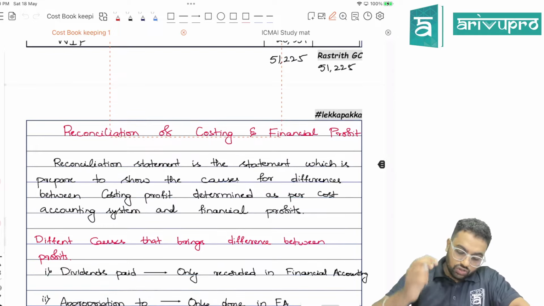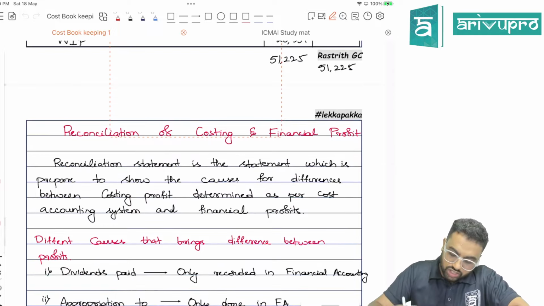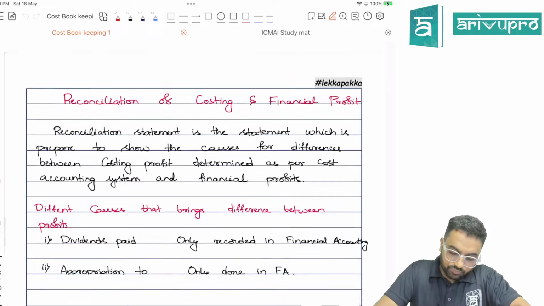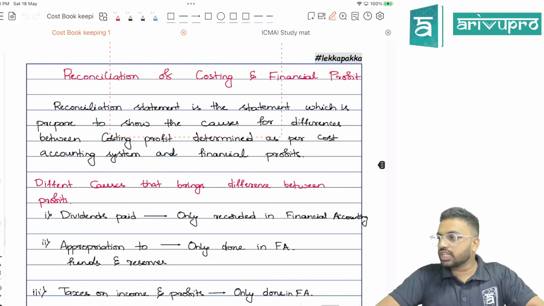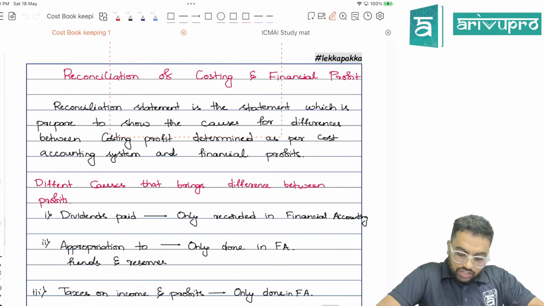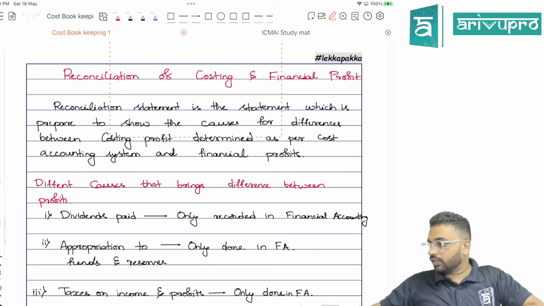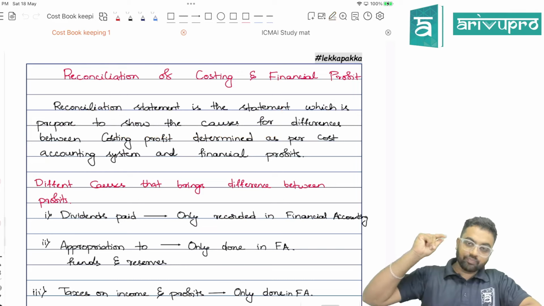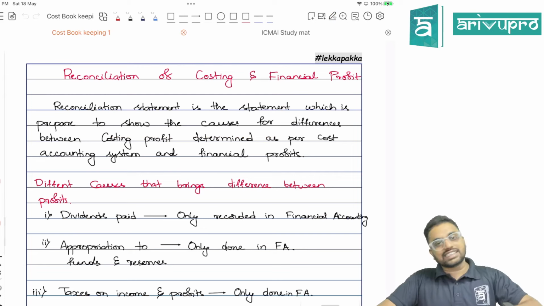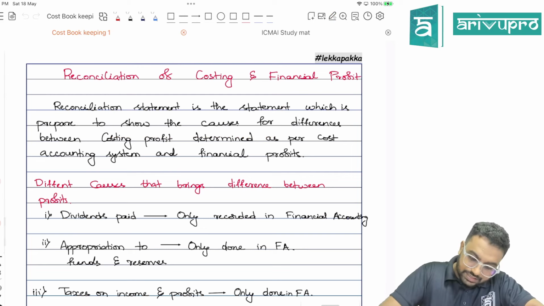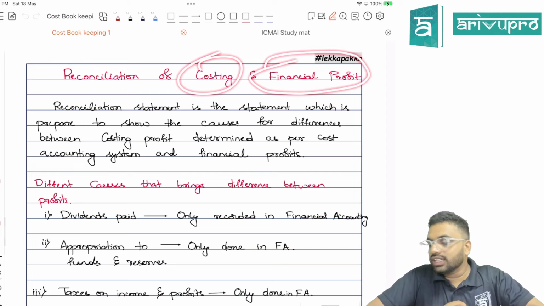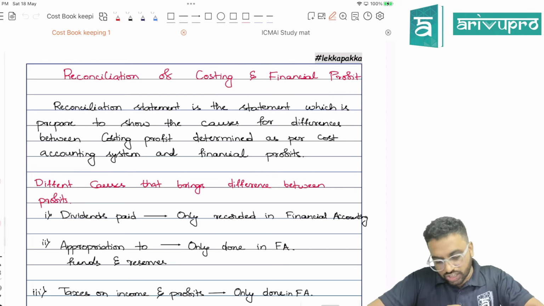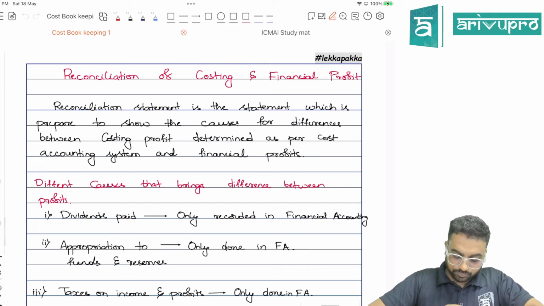So, in reconciliation of costing and financial profit, what are we looking at? The name itself says reconciliation of costing and financial profits.